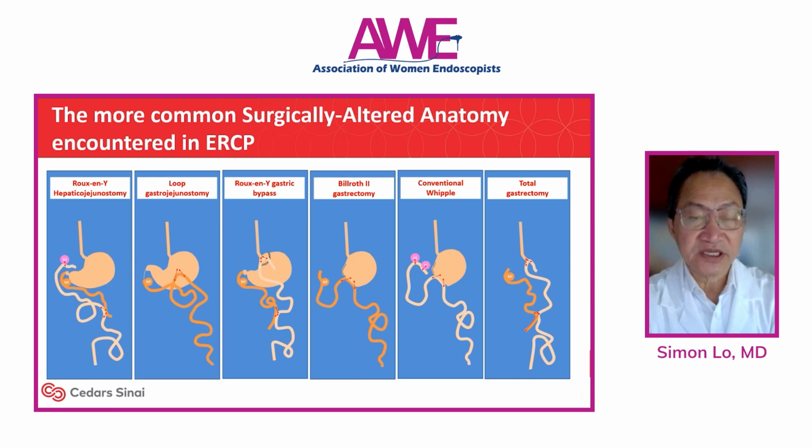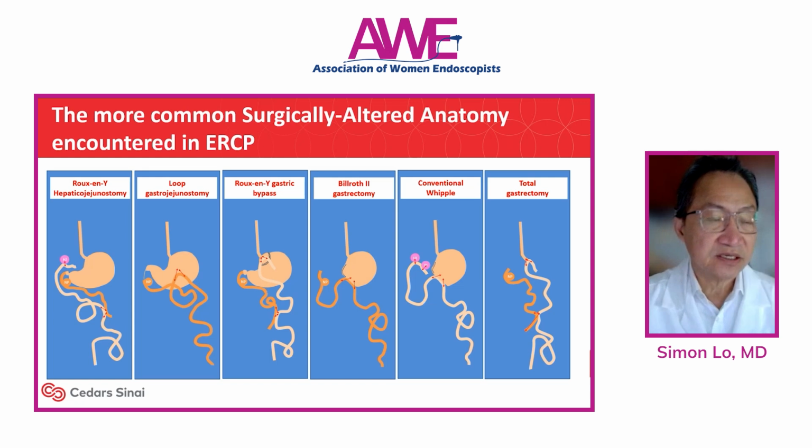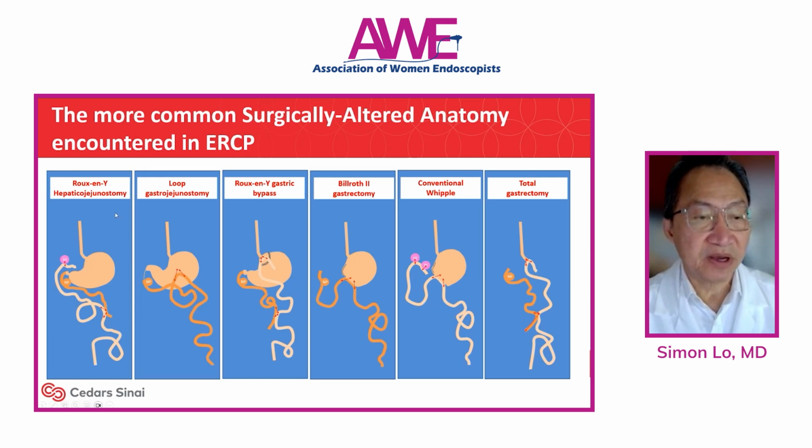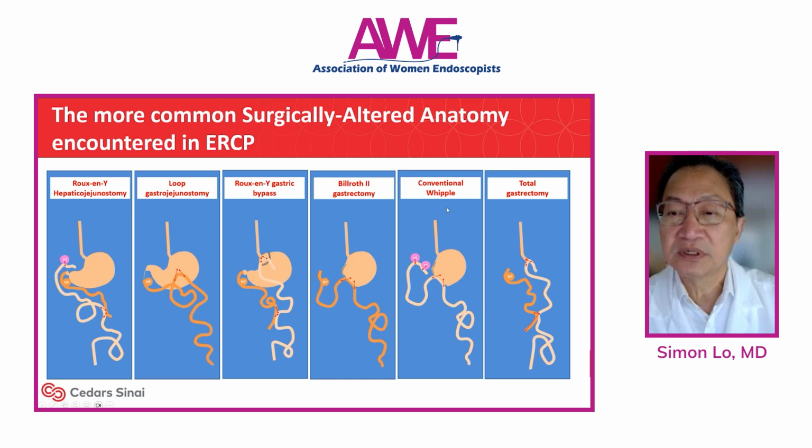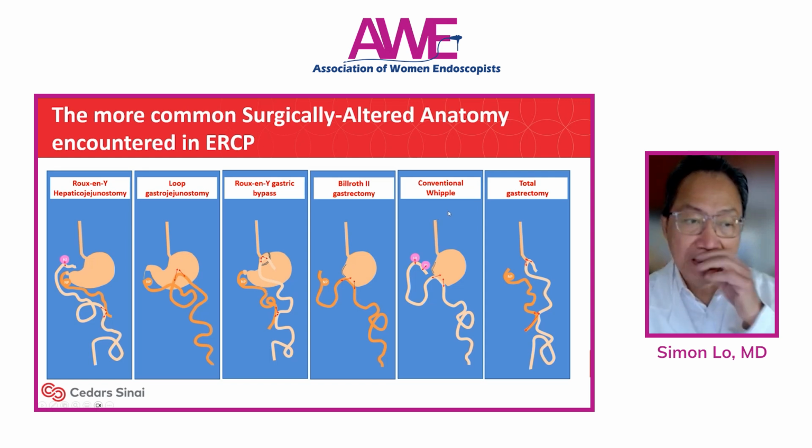First of all, we need to understand there are many different kinds of altered anatomies in the upper GI tract. Some of the more common cases are Roux-en-Y hepaticojejunostomy, loop gastrojejunostomy, Roux-en-Y gastric bypass, Billroth II, conventional Whipple, and total gastrectomy.